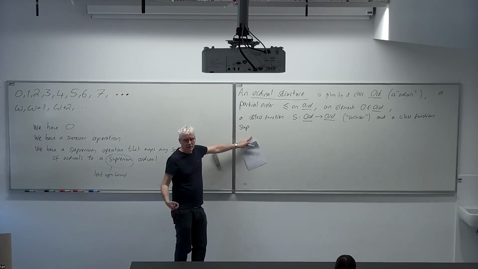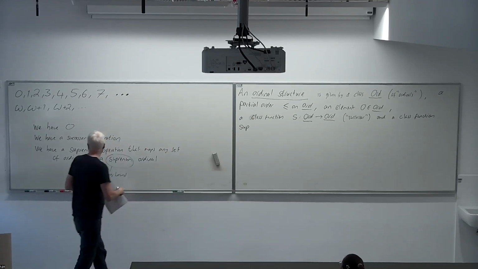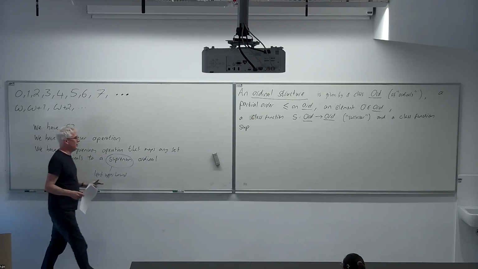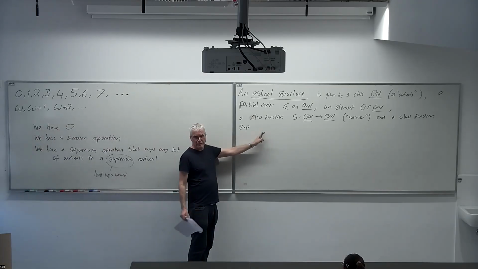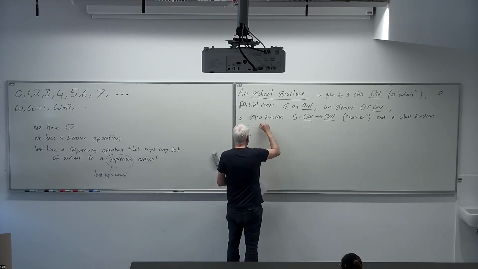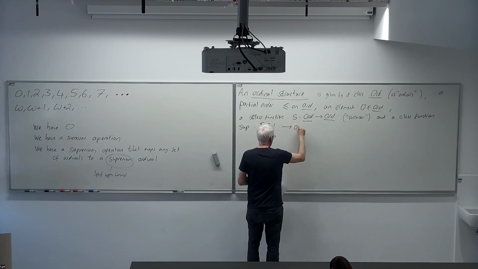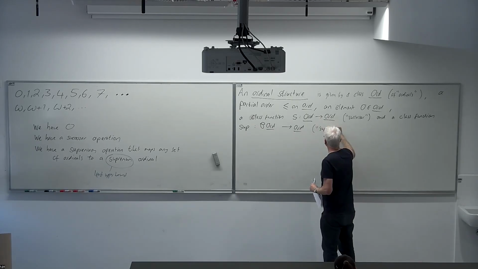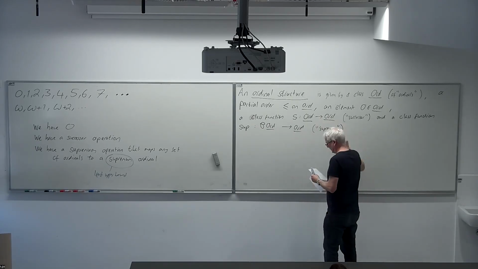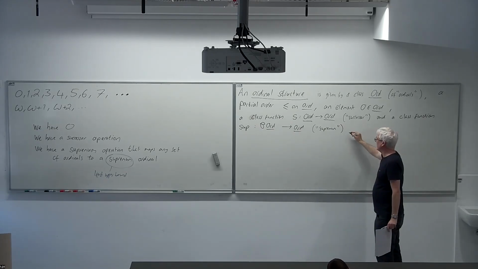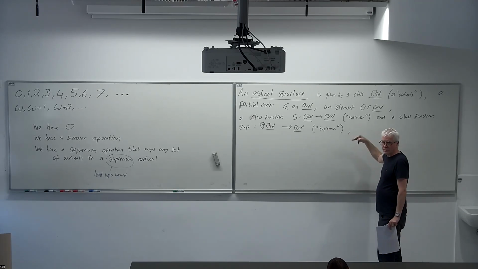This class function is motivated here in that any set of ordinals, so its domain is the power class of ordinals, in the classical sense the subsets of ordinals. So it goes from the power class of ordinals to ordinals. This is called supremum. And it needs to satisfy three properties.